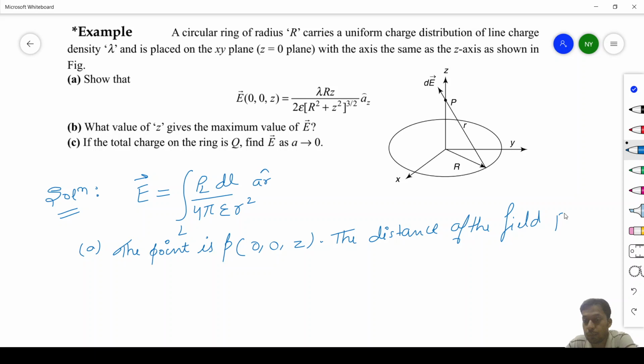the distance of the field point, that is field dE, from the elemental length of the charge distribution.